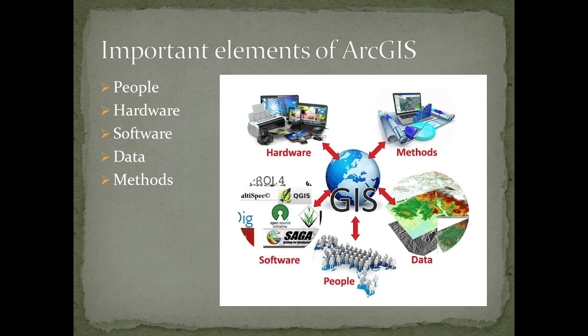People, hardware, software, data, and method are correlative of each other. In the absence of one of these elements, we are not able to work and make what we want.